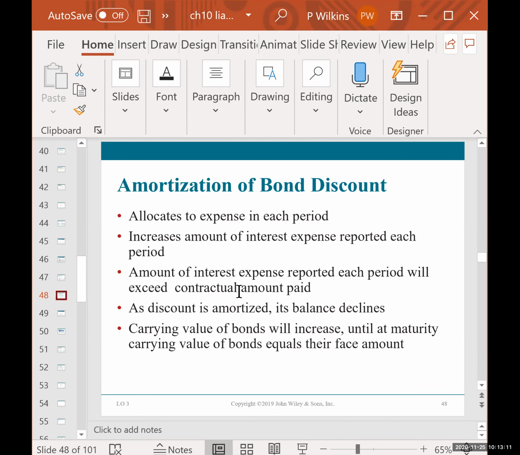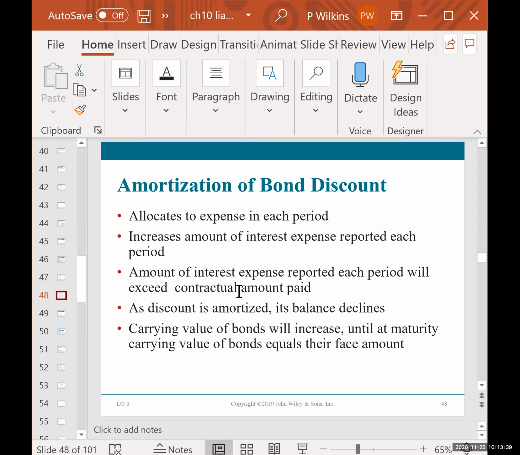All right. Now, the next part is amortization of bond discount. So don't freak out about this because you already know how to do this. You just didn't realize it till this point, maybe. But amortization of bond discount is very similar to depreciation. So remember how depreciation, we took the cost of the equipment minus the salvage value, and then we divided it over the useful life?